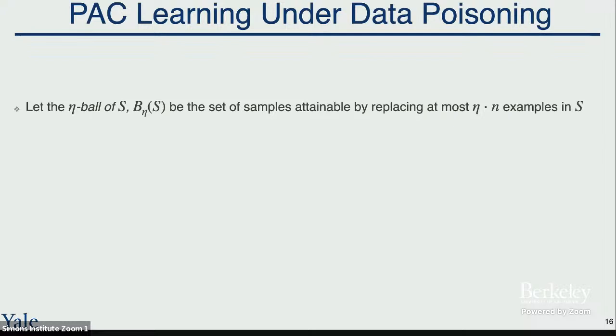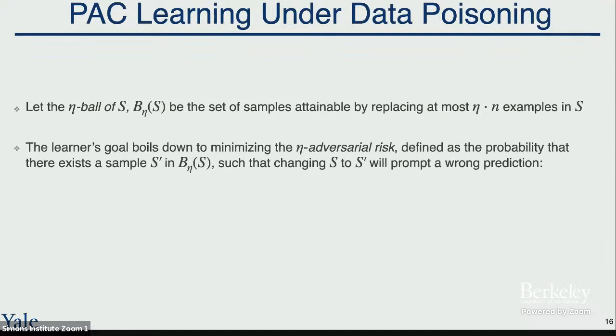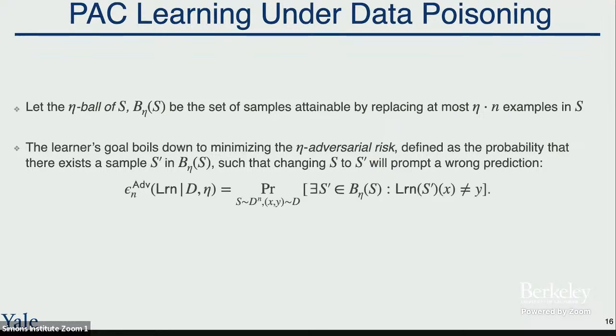The adversary can change an eta fraction of the data. The learner's goal boils down to minimizing the adversarial risk, which is defined as the probability that there exists a sample S prime in this eta ball such that, if you replace S with S prime, it produces the wrong answer.